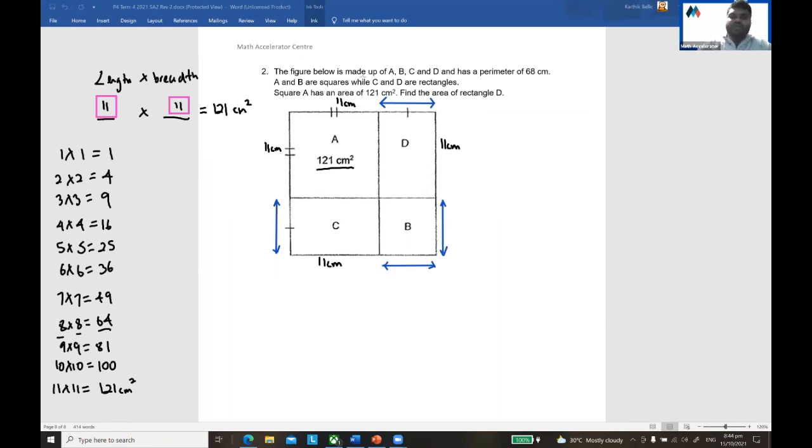Okay, but what we know is that this length here is the same as this length here, like we just discussed earlier on, correct? This length is the same as this length. And if this length is here, this length has to be the same length as this length, correct? And this length has to be the same as this length, correct?